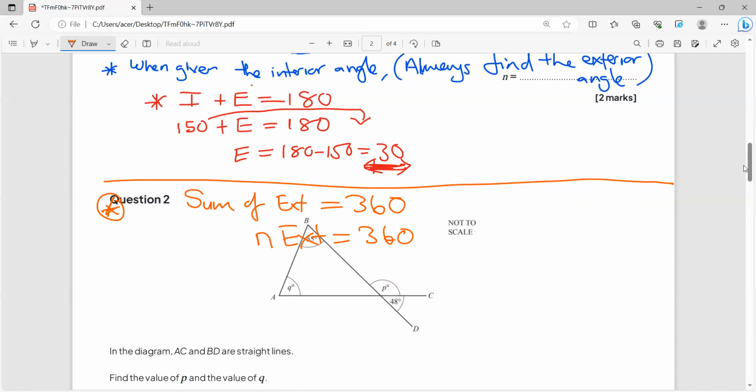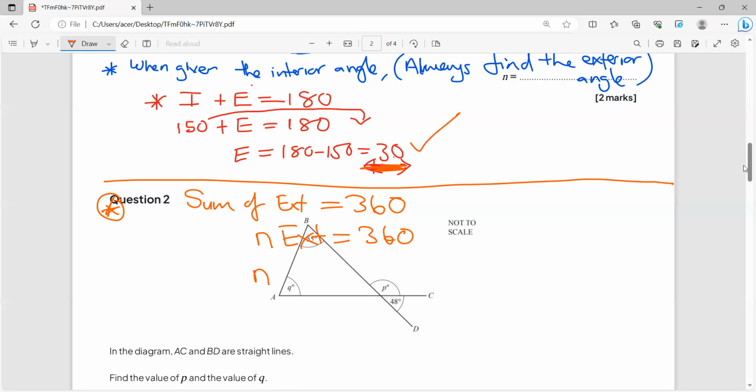So we're going to have the number of sides times the exterior angle. What is the exterior angle in this case? What is our exterior angle? Is it 48? No, our exterior angle is 30 here. We already found it. Oh, not question 2. Okay, yeah, I get it now.